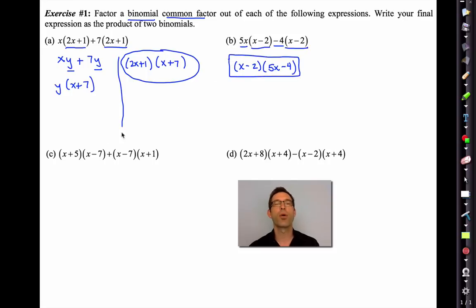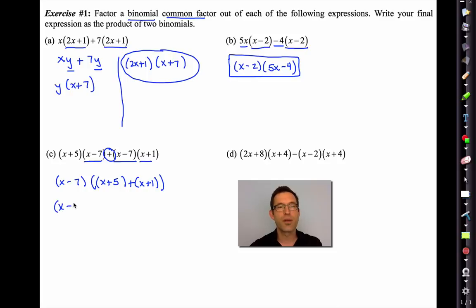Now these can become more challenging when we take a look at something like this. It's no challenge there. We've got x minus 7, but then we're multiplying it by x plus 5. I'm going to keep that in parentheses for right now. Plus, that's this guy, x plus 1. In this case, the parentheses inside this larger parentheses aren't doing anything.